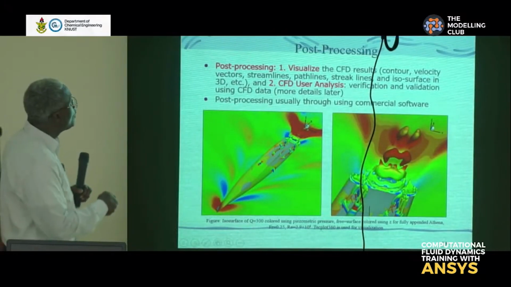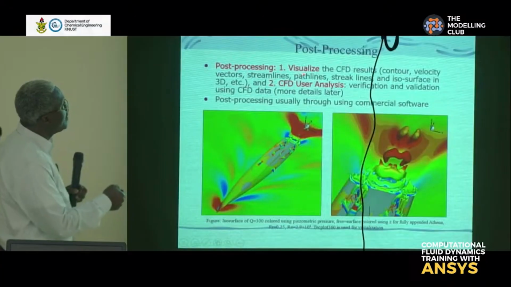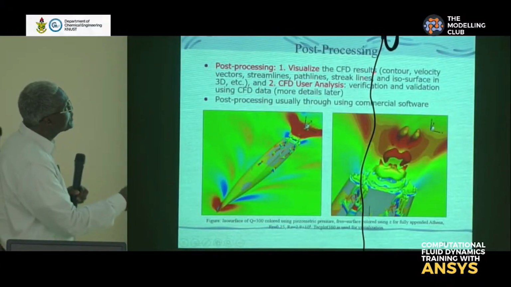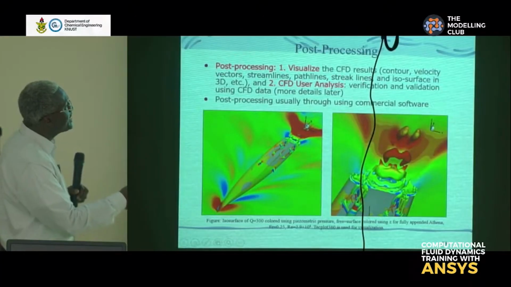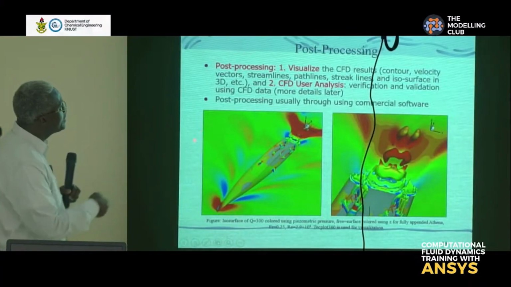And so, yes, you can visualize CFD results, whether it's contours, velocity vectors, streamlines, path lines, streak lines, and isosurfaces in 3D, and so forth.